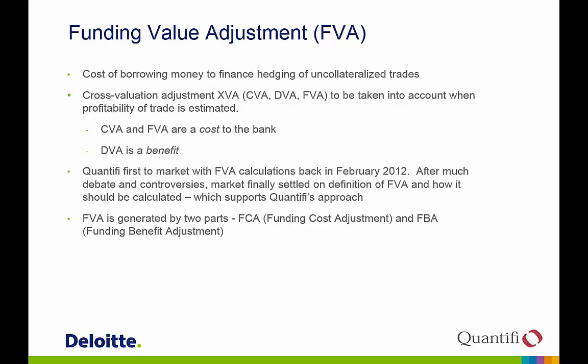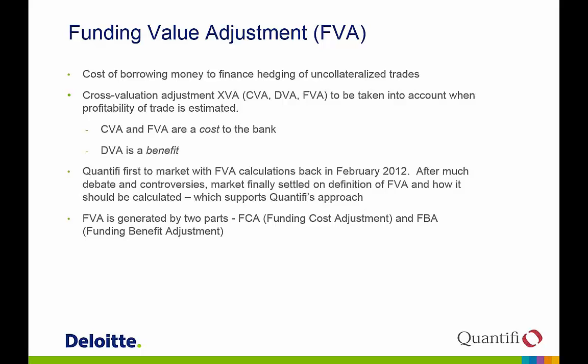So FVA is kind of the latest addition to this triad, and it should be taken into account when profitability of trade is estimated. While CVA and FVA are cost to the bank, DVA is a benefit. Quantifi was first to market with FVA calculations back in February 2012.